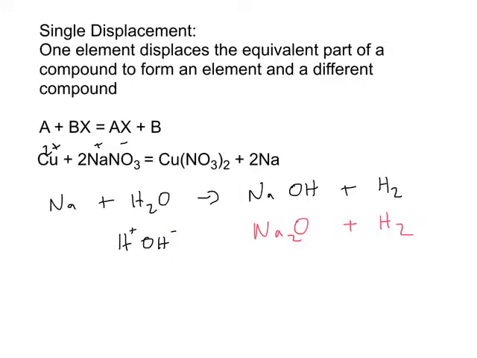And if you think about that, then I can say, I've got a sodium that's +1, so I'm going to pair my sodium cation with the hydroxide anion, giving me sodium hydroxide, not sodium oxide. So if you think you have a single displacement reaction and it involves water and you're not entirely sure, it might help to think about water as HOH, and that might help explain why it's being displaced in a manner that's maybe a little different than what you would expect.